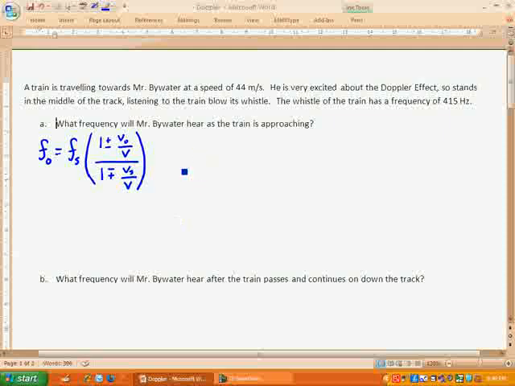Now, as we're doing this, I'm going to draw a picture every single time, because it's important that in order to be able to do this without having to worry about several different equations, that we have a certain convention. Okay, so here's my train, which is traveling in this direction. Here's me standing in the middle of the train track. Now, using this equation, you see there's a plus and minus on the top and a minus and a plus on the bottom.